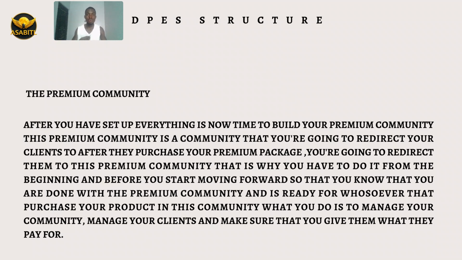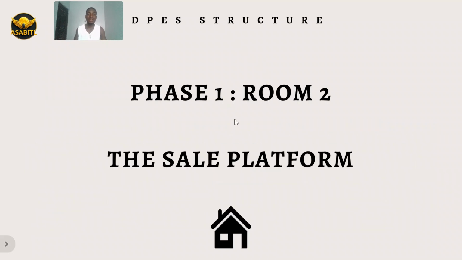You use it to groom them, to build trust with them, to train them, to take them through, to build a kind of teamwork with them, like communicating with them on a video chat and all of that. That's the reason for this community, and you need to create this community from the beginning, so that as time goes on, you will not confuse yourself or wonder if you have done it. So once that is done, it's time to move further.